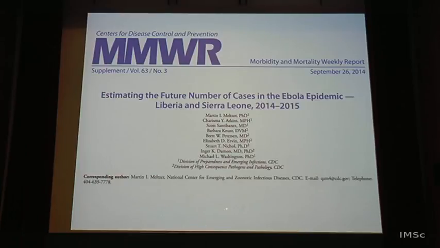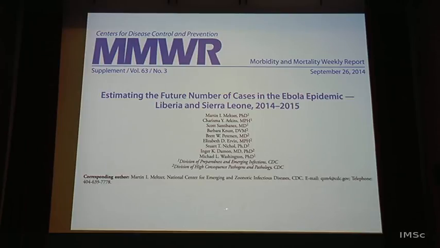Probably the model that had the biggest impact was developed by the CDC in Atlanta and published in a CDC report. They tried to estimate the future number of cases of Ebola in Liberia and Sierra Leone. They didn't do Guinea because Guinea, as you saw, is quite difficult to fit with all these waves. But looking at Sierra Leone and Liberia, they fitted a simple model.